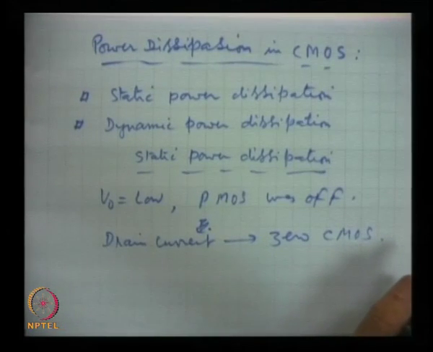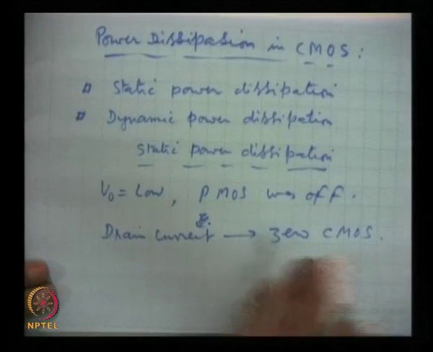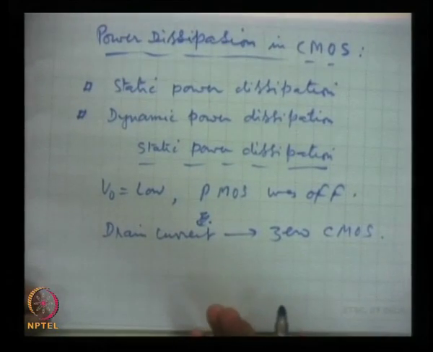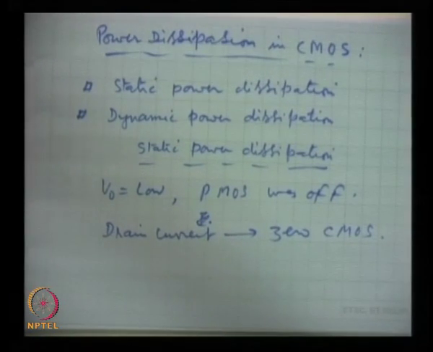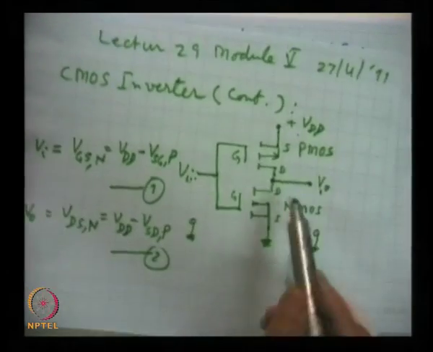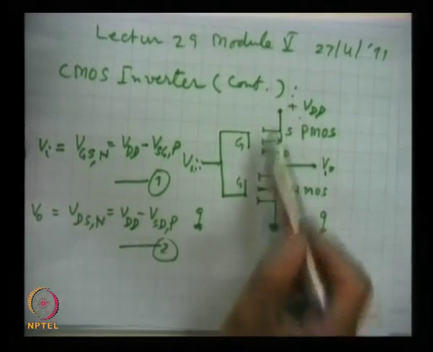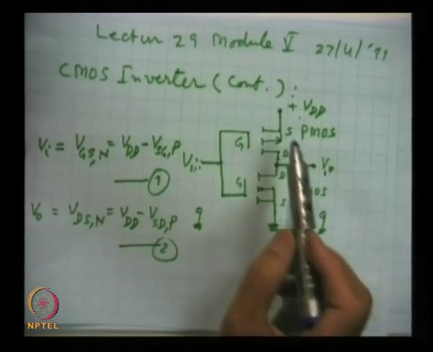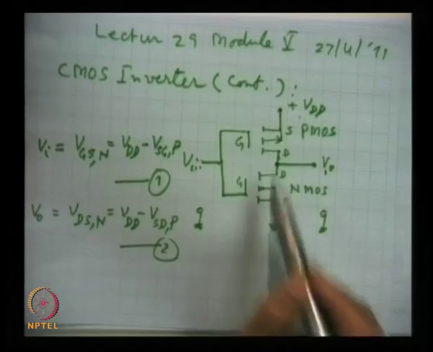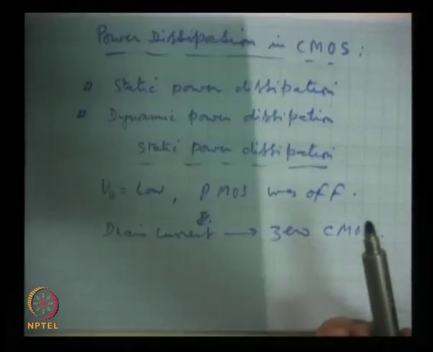And similarly, when it changes state the other way, the drain current was still 0. In either case, this is off, this is on, but drain current is 0, or when this is off, this is on, still the drain current is 0.